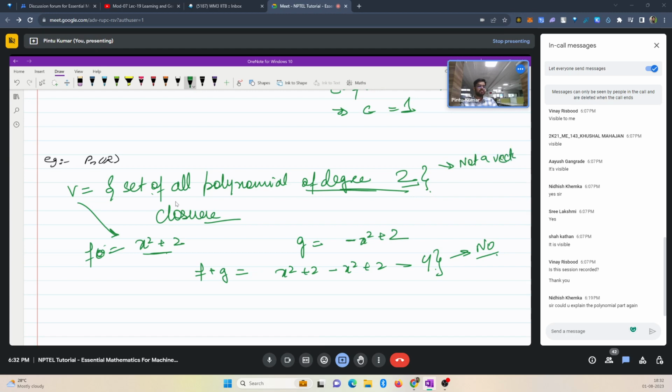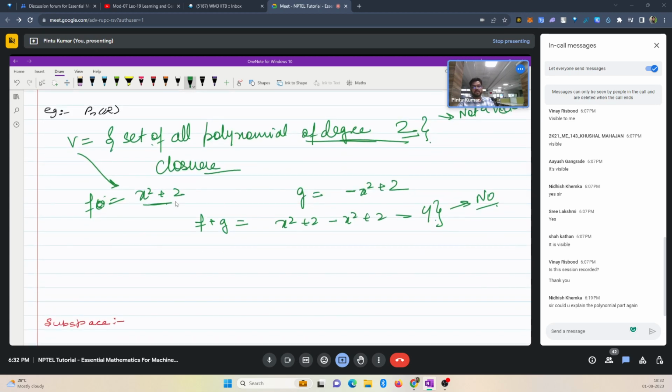But initially I told you that we can transform polynomials into vector space and use property of a vector space. So for that we defined a structure that we generally denote by P underscore n. So this is set of all polynomials up to degree n.